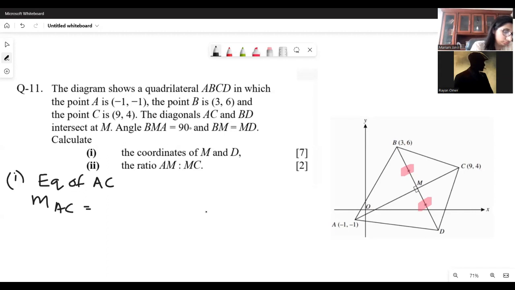That would be 1/2. Yes. It's going to be 1/2. Good. Now give me the equation of AC. Yes, miss.